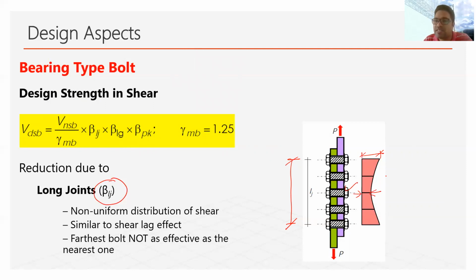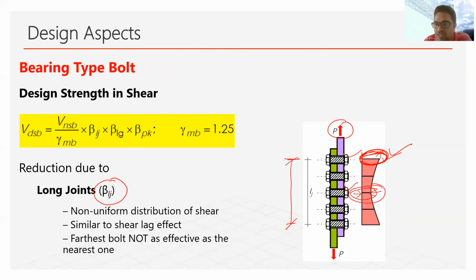As I mentioned earlier, if we calculate the strength of one bolt and multiply that by 5 bolts, it will not work like that because of different factors like the length of the joint, and because of the length of the joint, shear variation occurs. So the farthest bolt will be experiencing more shear as compared to the nearest.